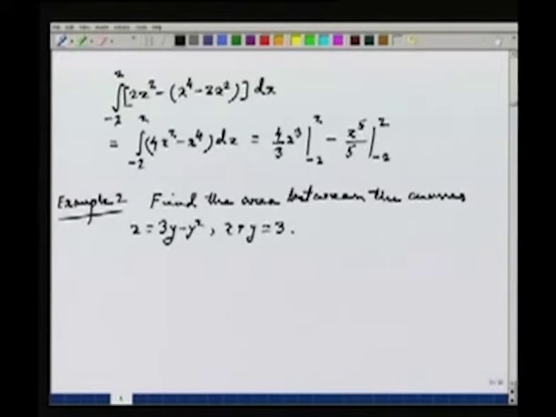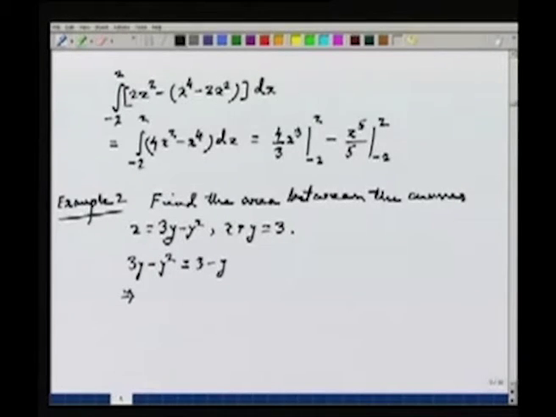Now let us try to see which curve is above the other one. For that, first I need to find the points of intersection also. Let's do that first. So 3y minus y square equals 3 minus y.